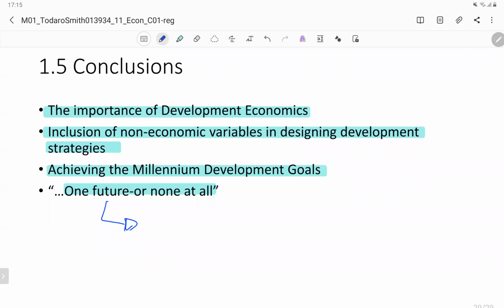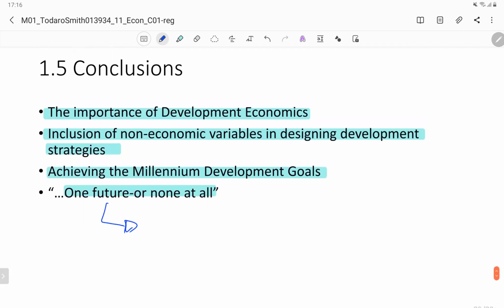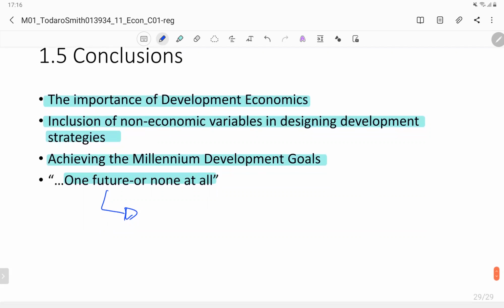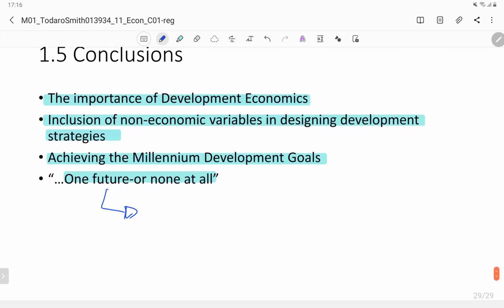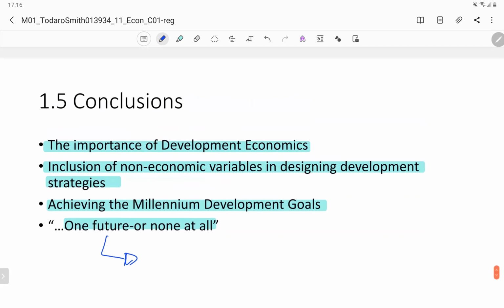Because in this context, what we mean by one future is the future where we can achieve the economic development goals. And what were the economic development goals? We have talked about it in the previous slide, right? It's the transformation from stagnation into growth, and then from low income into high income, and then to overcome the problems of absolute poverty. So that's the main goal, right?